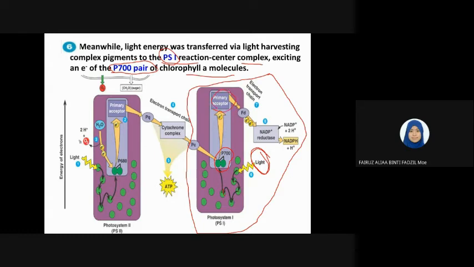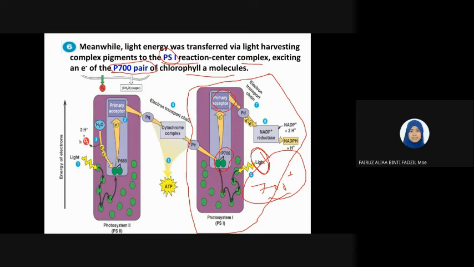So when P700 is missing its electron, it is oxidized to P700 plus. That means there's an electron hole that needs to be refilled.